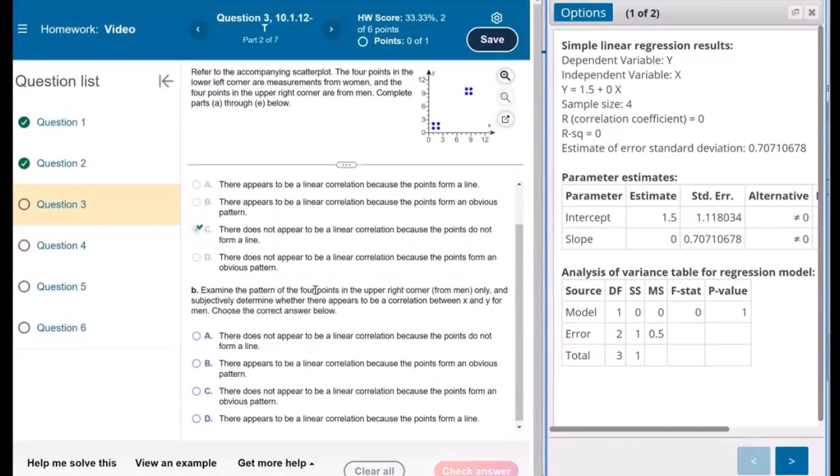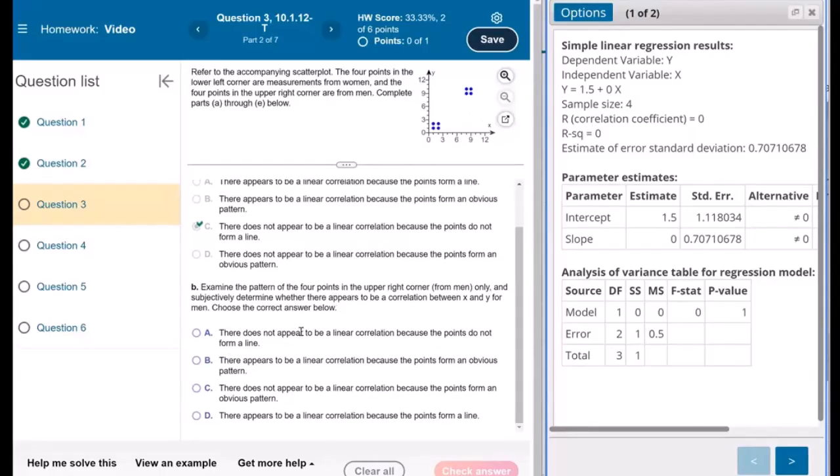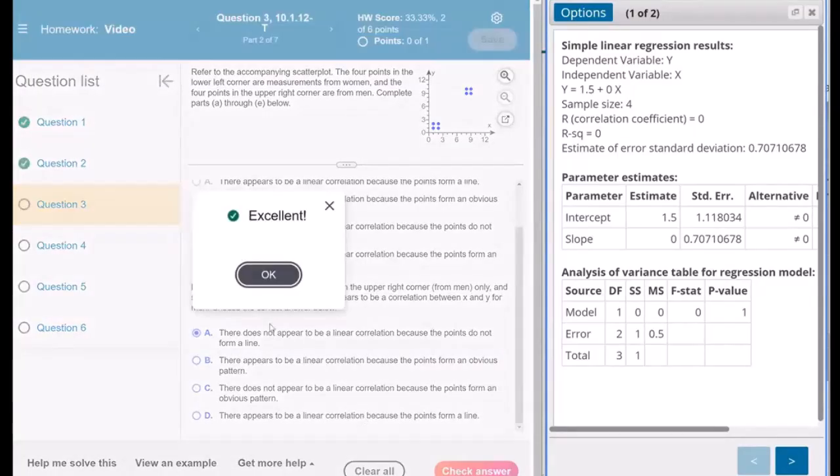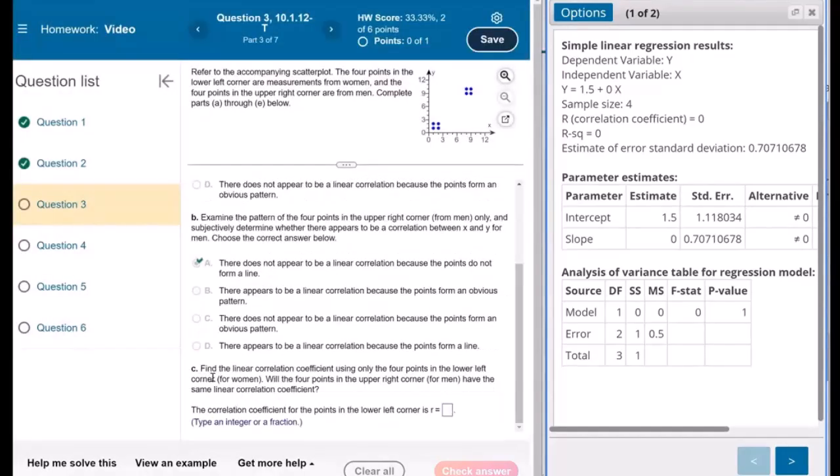Examine the pattern of the 4 points in the upper right-hand corner. Since it's going to be exactly the same, we're going to have the same answer. There again does not appear to be a linear correlation because the points do not form a line. Check. Find the linear correlation coefficient using only the 4 points in the lower left-hand corner for women.